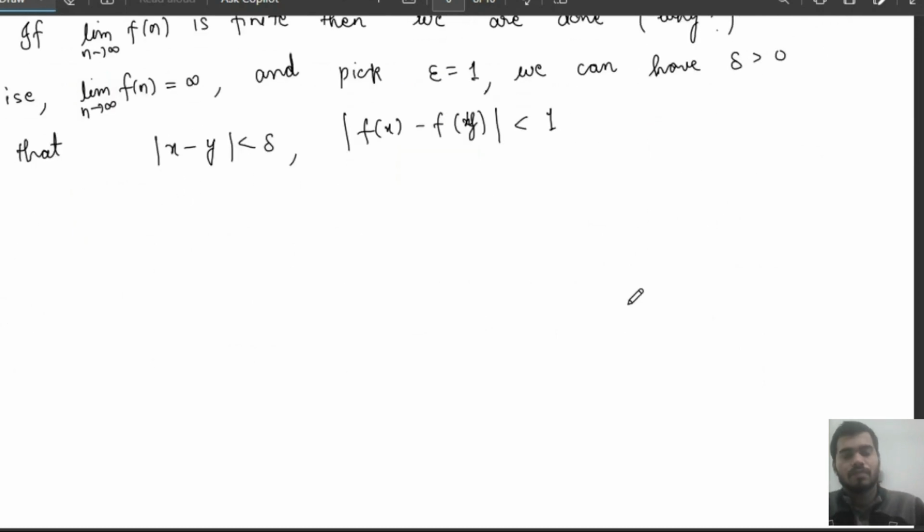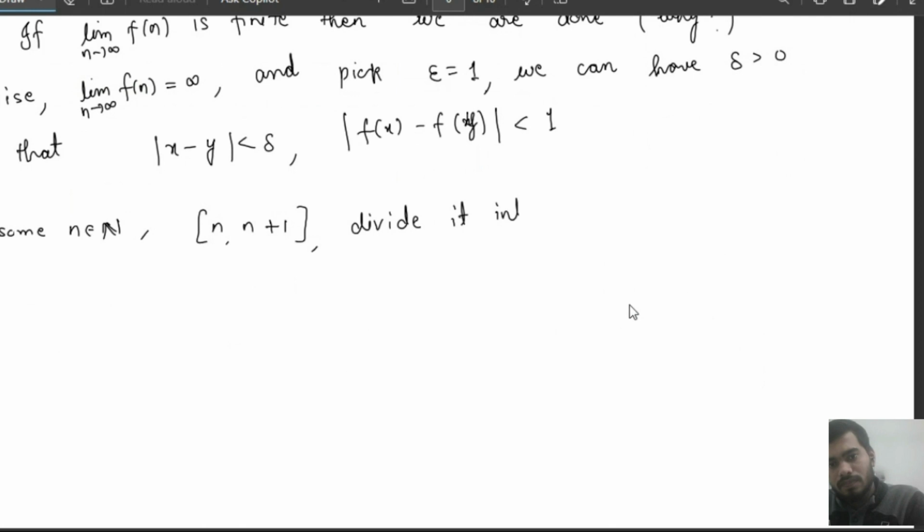Now, what will happen? For some n, take the interval n comma n plus 1. Divide it into intervals of length delta.